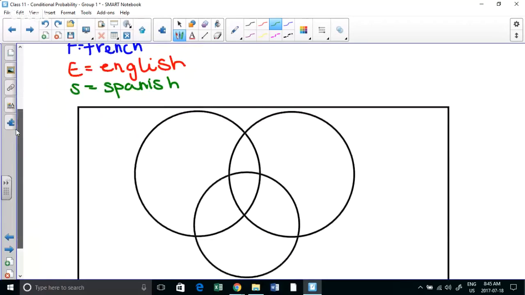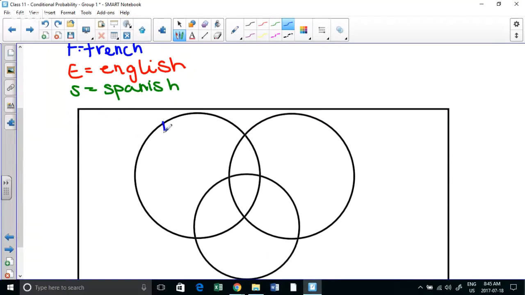So in my Venn diagram, I'm going to make 3 circles. French, English, Spanish. I think I did a reverse on my answer key, so just to be consistent. It really doesn't matter.